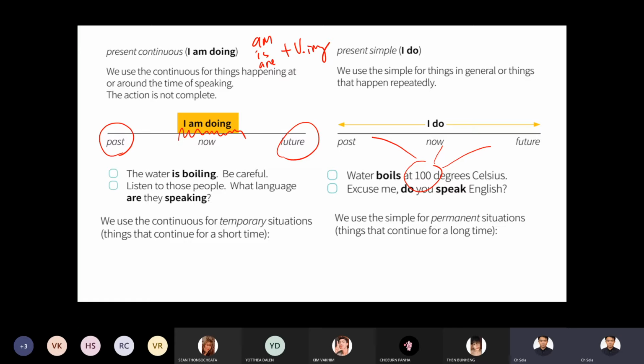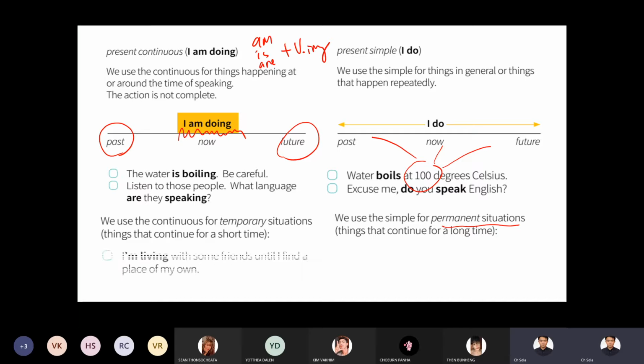However, we use present simple for permanent situations, things that continue for a long time.